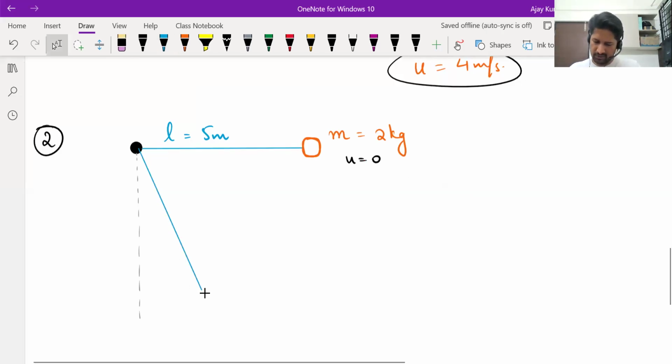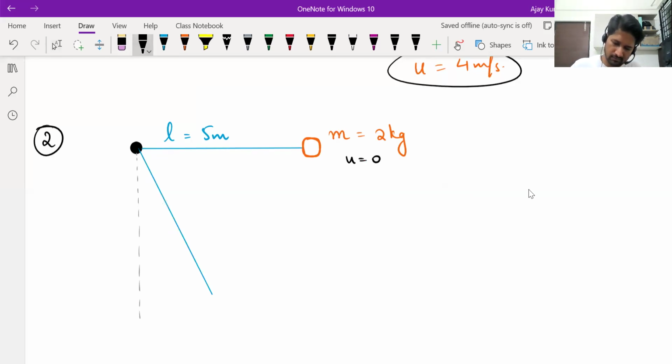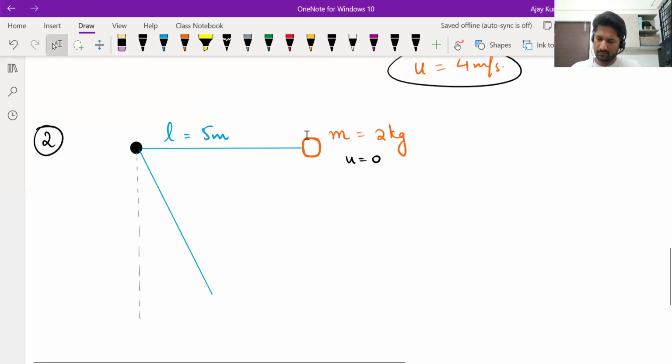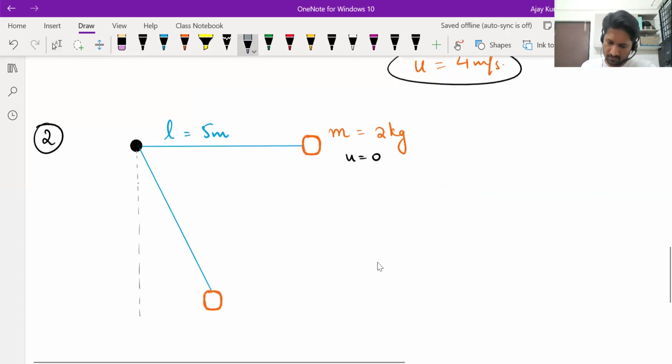When it is at this position, making an angle 37 degrees with the vertical, find out the tension in the string. Think of the steps first. The question now is to calculate tension in the string at this instant.